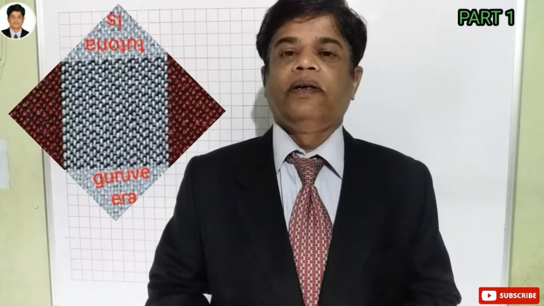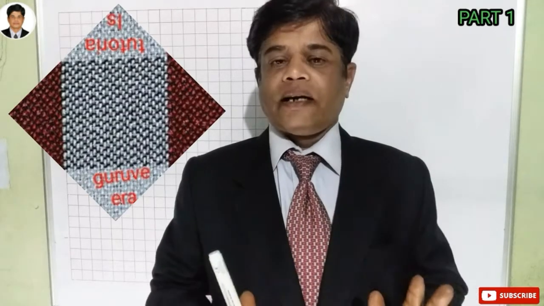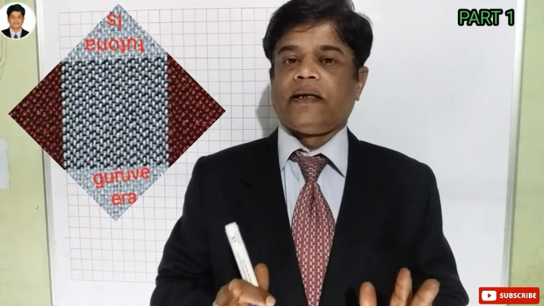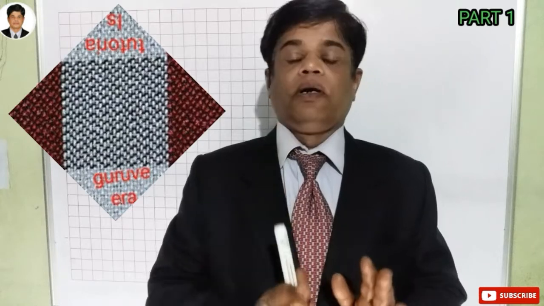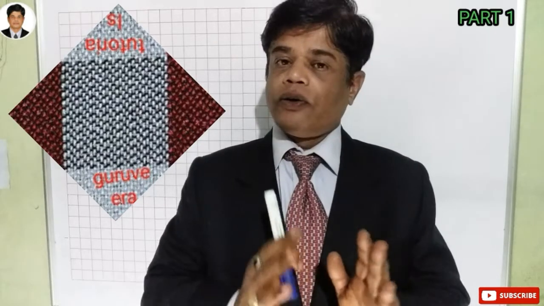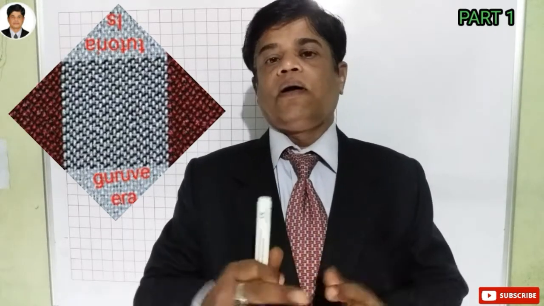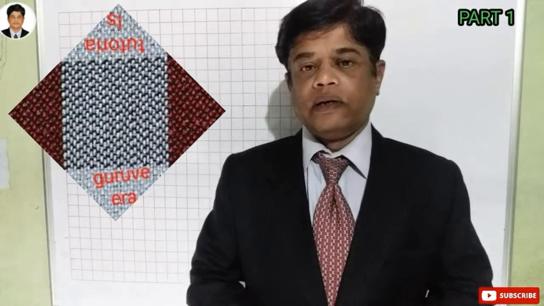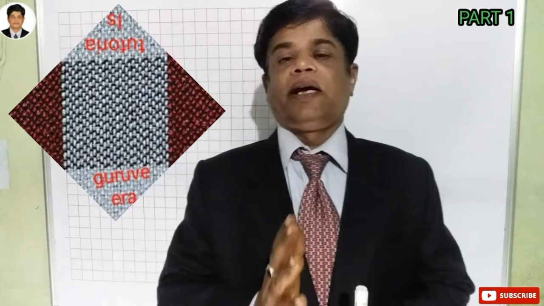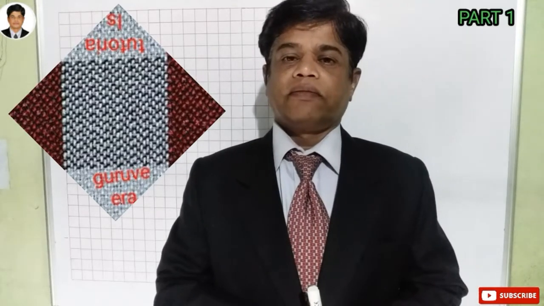Broken does not mean cracking. Whatever the basic pattern is, that may be 2 up 1 down, 2 up 2 down, or 3 up 1 down twill, or 3 up 2 down twill, or any extended pattern in the basic twill weave, that is broken in half.